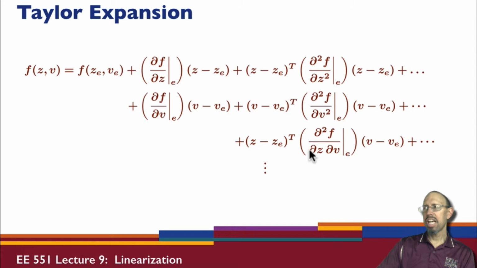As you go to higher powers of the derivative, we can have all different kinds of combinations. I can have partial squared of z, partial v, partial z, partial v squared, and so forth. So this is what the Taylor expansion looks like for this vector valued function of two vector variables.